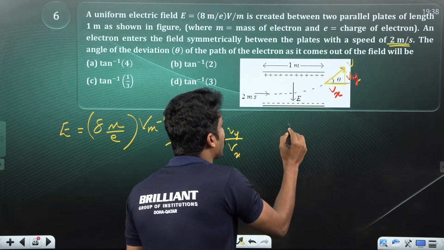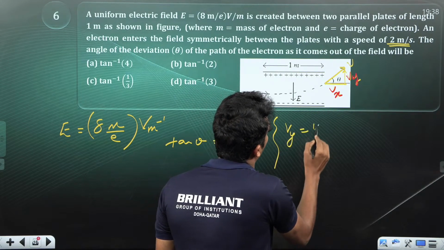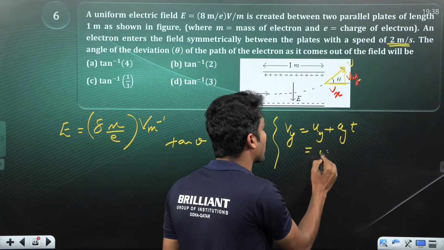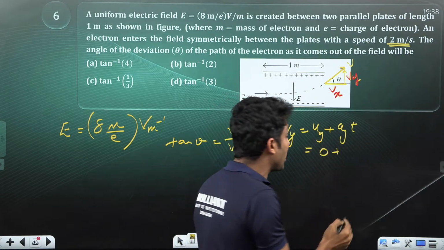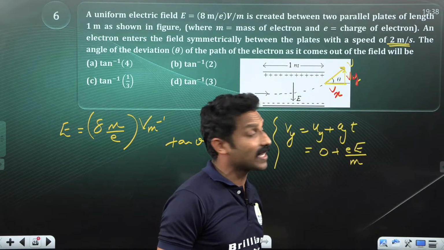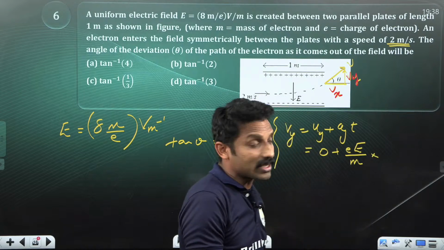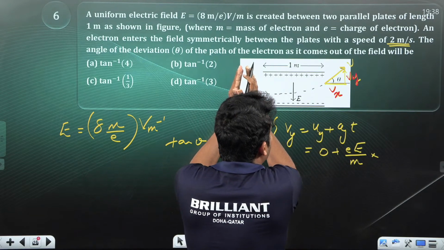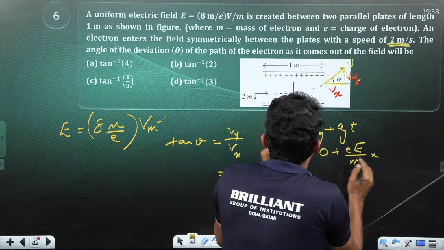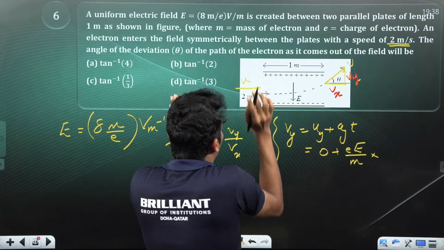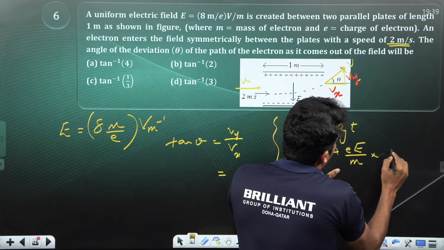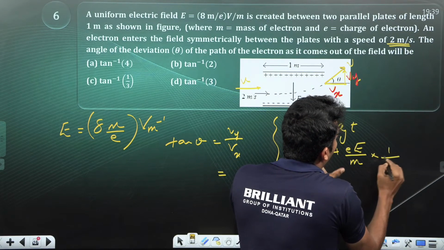So Vy is equal to Uy plus Ay into t. Uy, the initial vertical velocity, is 0, and acceleration along the y direction is force by mass, eE by m. The time interval is the time taken to travel this much horizontal distance. Let this velocity be u, so time interval t is equal to s by v, that is s is 1, divided by u.